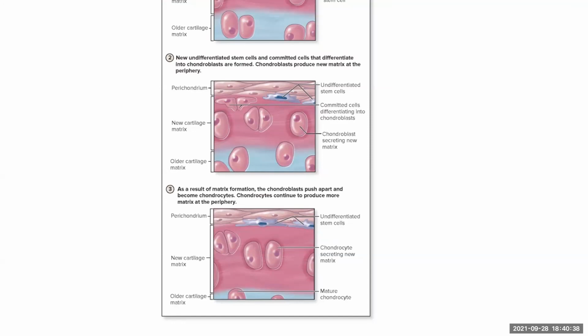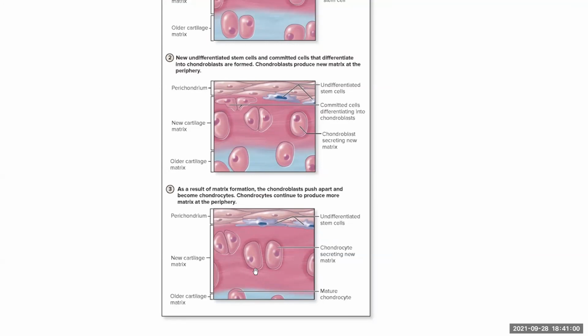As a result of that, it pushes those chondroblasts away from each other. You can see this perfect example. See how these two guys are in close proximity? They're going to produce that new cartilage matrix, and it pushes them away from each other. And that's what we see here.